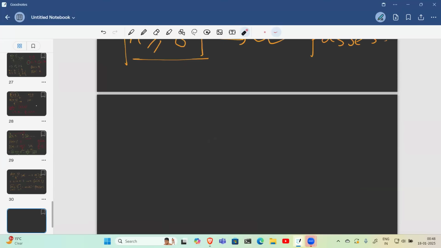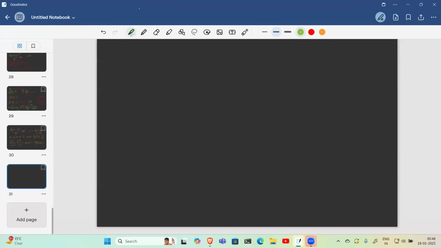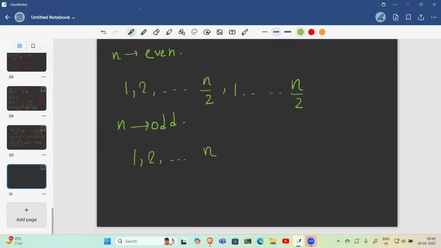So what does my solution say? My solution says that if n is even, then you simply print 1, 2 till n by 2, and then you again print 1 till n by 2. And what do you do when n is odd? If n is odd, you print 1 till n by 2, where by n by 2 I mean the floor value.